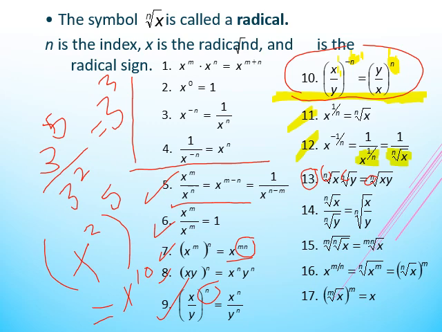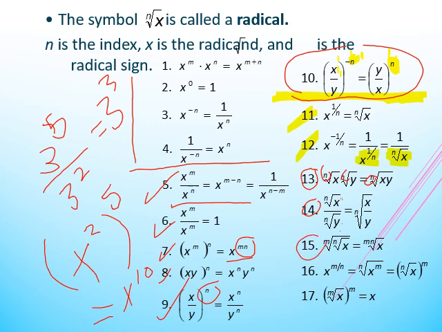Take care, we don't multiply the indices by each other, we just take it as a common factor. So the result will be the root of x times y with index n. The same if we have a fraction. If we have two different bases, x and y, with the same index n, we can take the common index n and x over y.